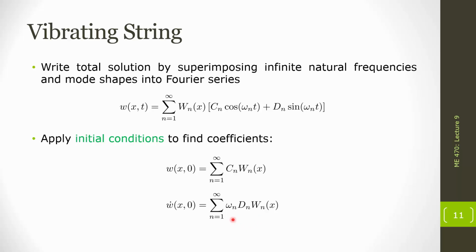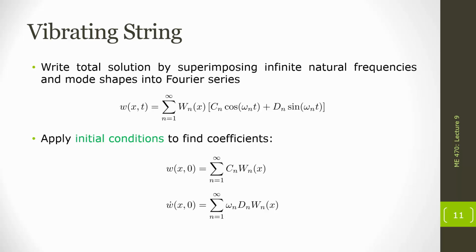To get from our initial conditions on position and velocity to the actual coefficients, all infinite of them, we are going to take a step or a method that looks very similar to what we did when we were working out Fourier series expansions early on.